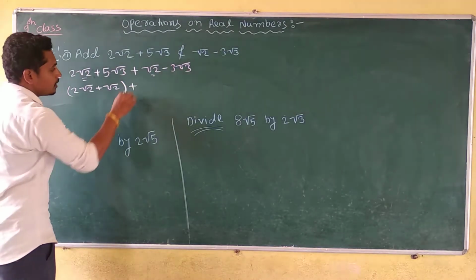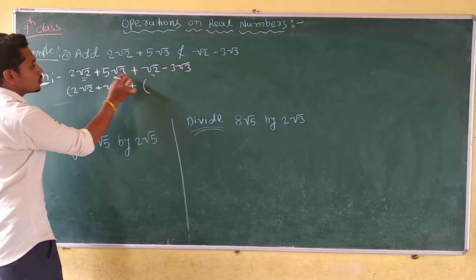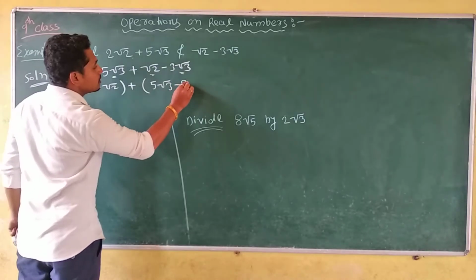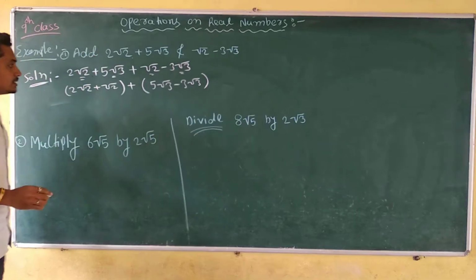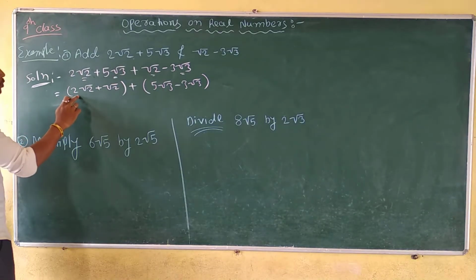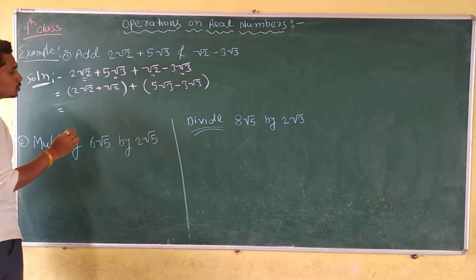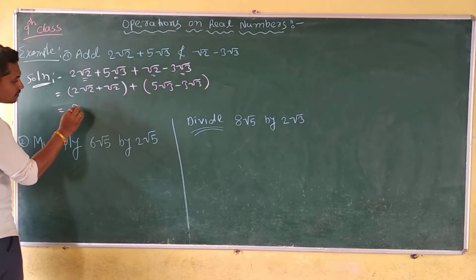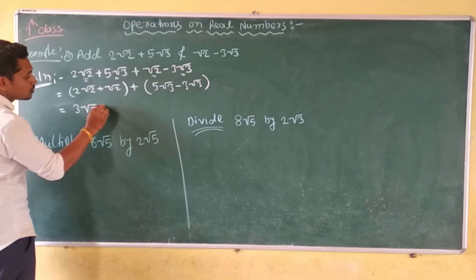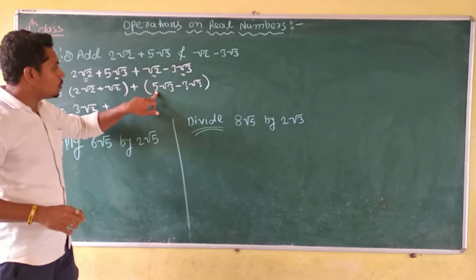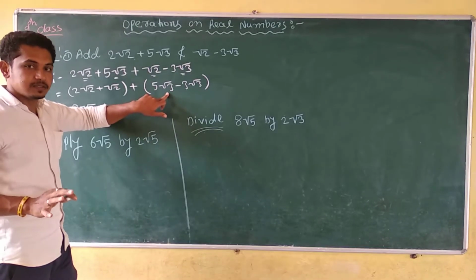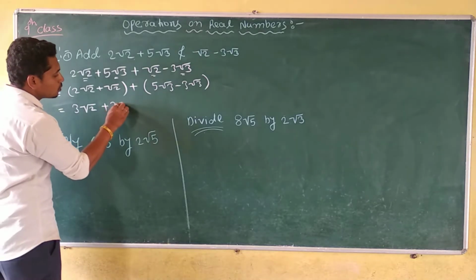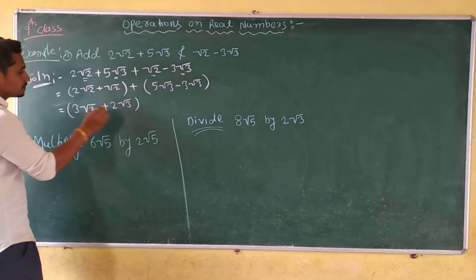Then the root 3 terms: 5 root 3 minus 3 root 3. So 2 plus 1 is 3, giving 3 root 2, and 5 minus 3 is 2, giving 2 root 3. This is our answer.